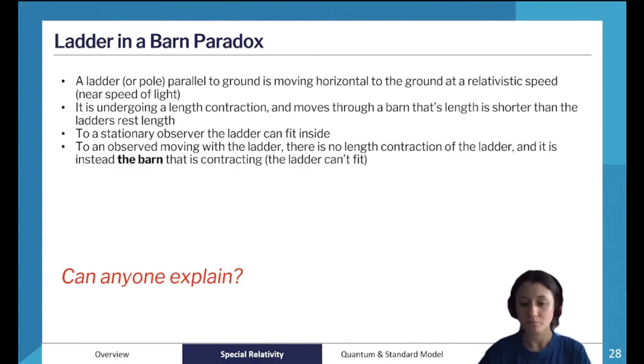But from the farmer's perspective, he is seeing those two doors close at the same time because the runner can fit inside the barn. So, the paradox is, how can it be that the farmer can see both doors closed with the runner inside, whereas the runner does not see that at all? How can that be?